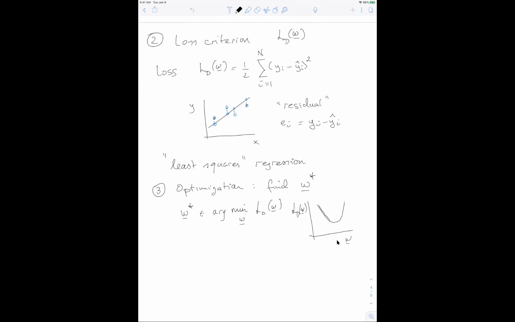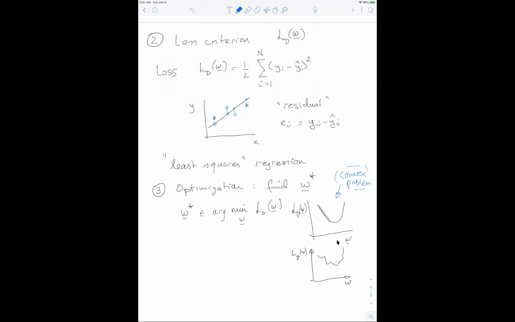Again, generally, this is all multidimensional. Thinking in one dimension should get you a long way. Or the world might look much more complicated. And here's my loss function. Here are my parameters. So this here is a convex problem.